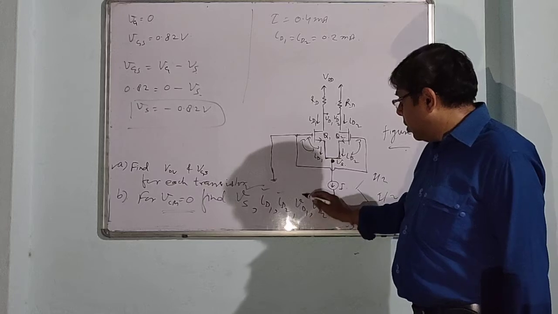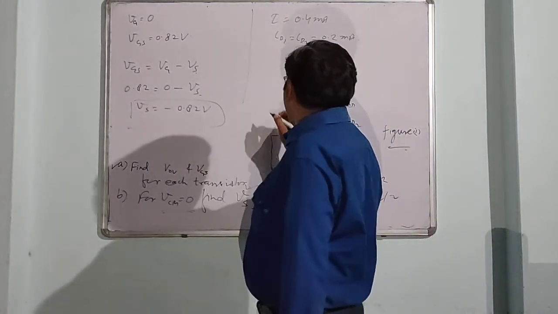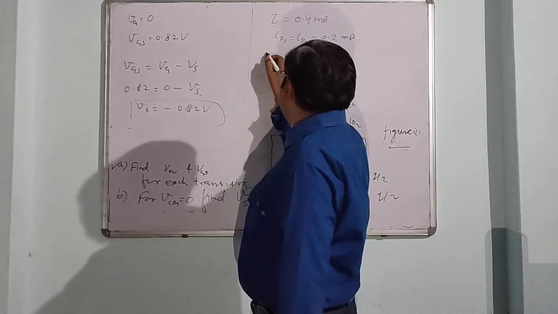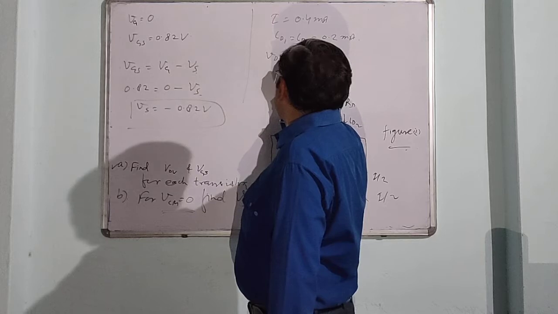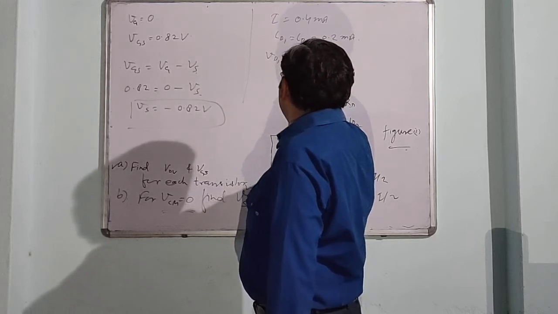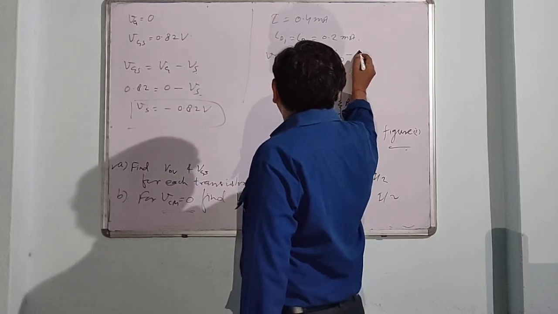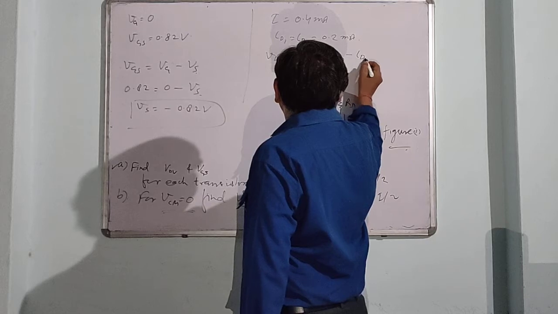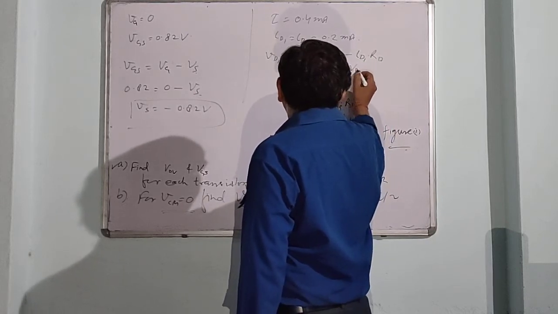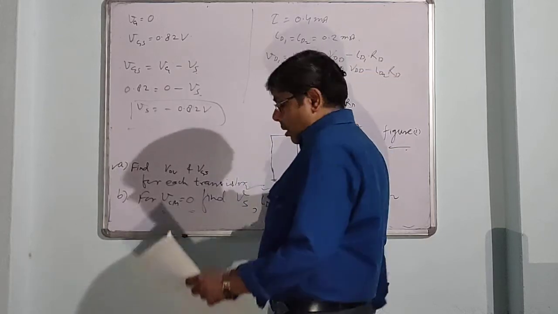Now we can calculate the next part, VD1 and VD2. In this part both are the same. The value is VDD minus ID1 into RD, or VDD minus ID2 into RD, both the same.